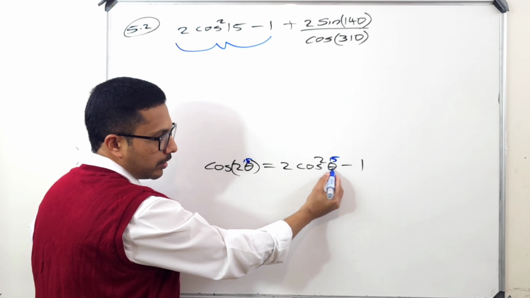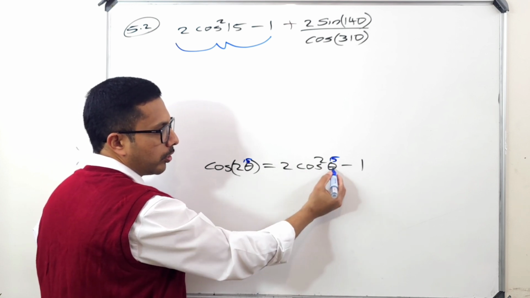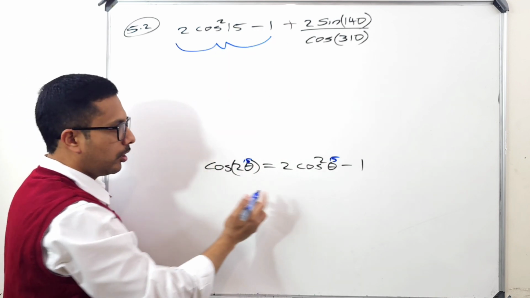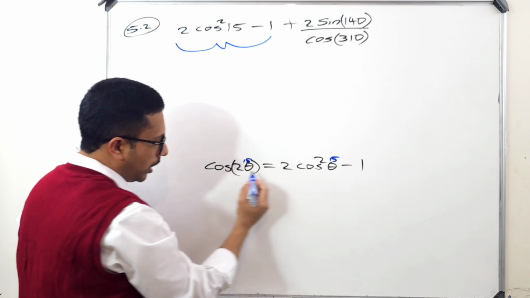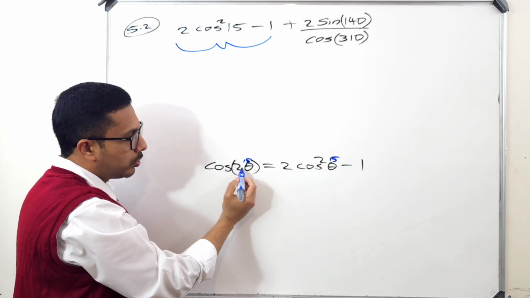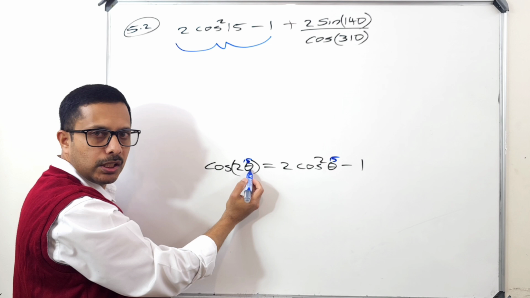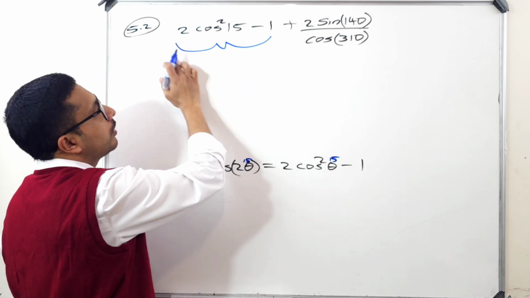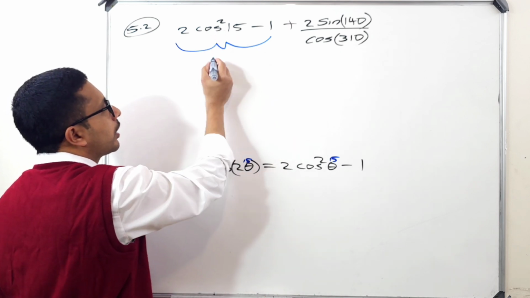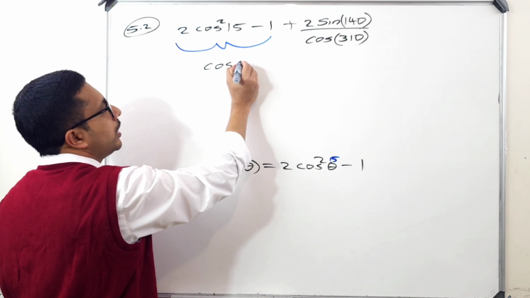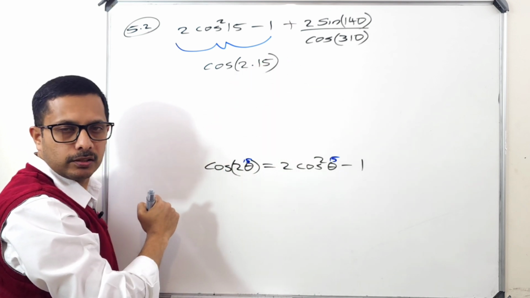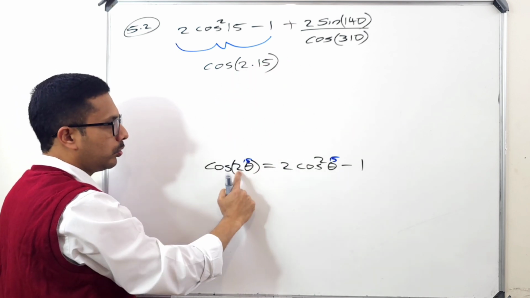So when it is theta here, it is 2 theta, the double of this one. So this 2 cos square 15 minus 1, using the double angle formula, we can write cos of 30, or let me write for you to understand, cos of 2 times 15.